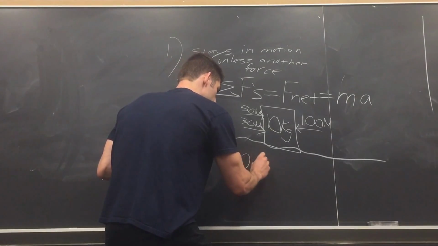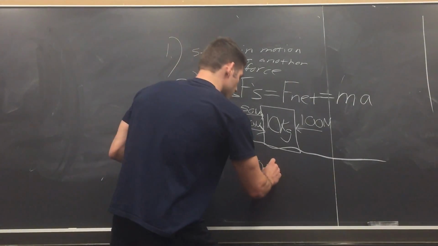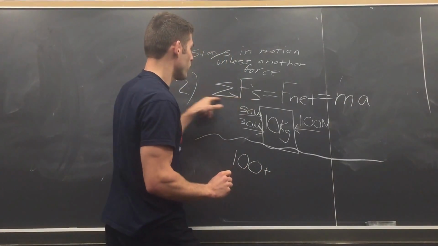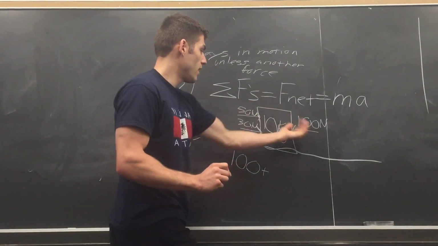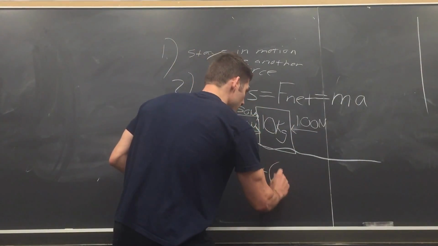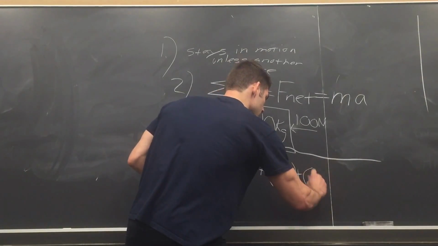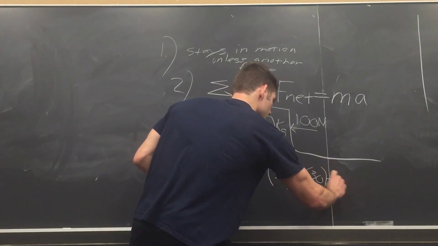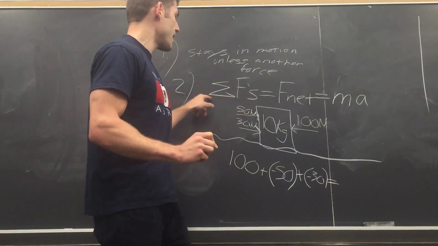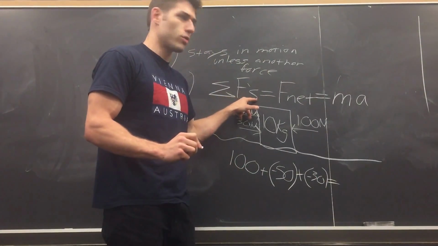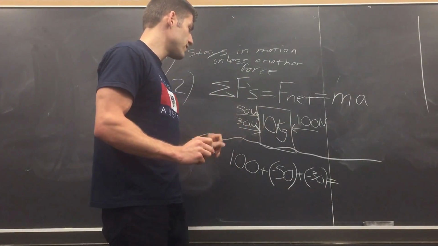So it's 100 plus, so the sum of all the forces. This is vector addition, left and right. So 100 plus negative 50 plus negative 30. That is the left-hand side of this equation, the sum of all the forces: the 100 vector, the 50 vector, and the 30 vector.